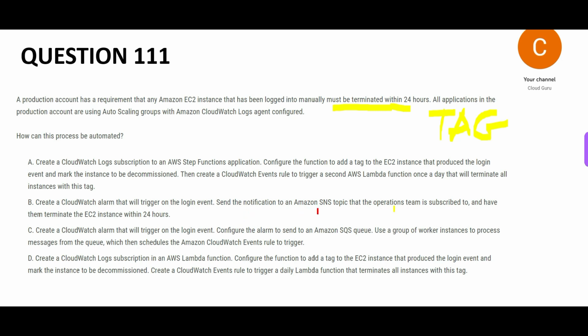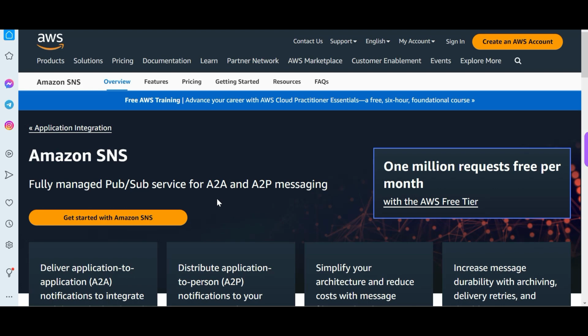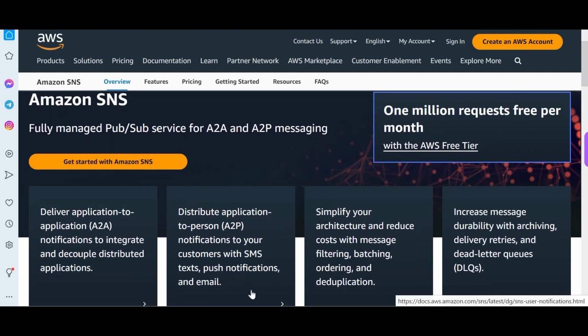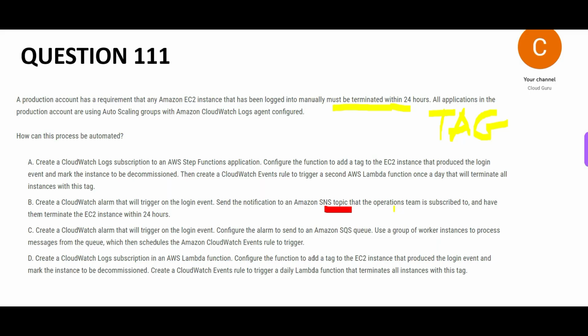We will create an SNS topic. We will send an email. SNS topic means a push notification service. It can be emails, messages, SMS text, basically push notifications and so on. You will send it to the operations team and tell them, boss, can you terminate the instance? So the operations team will terminate the instance.